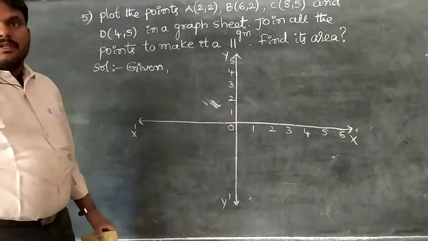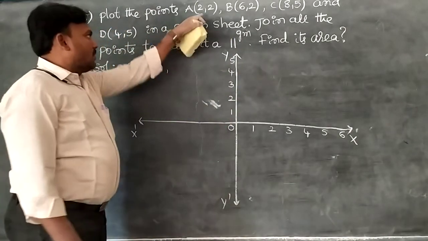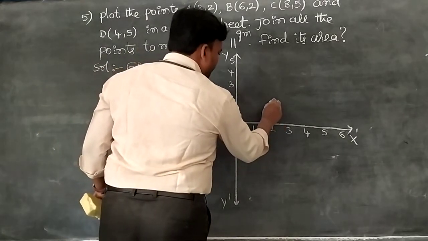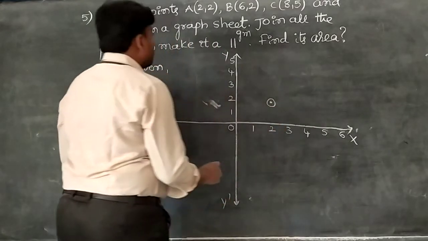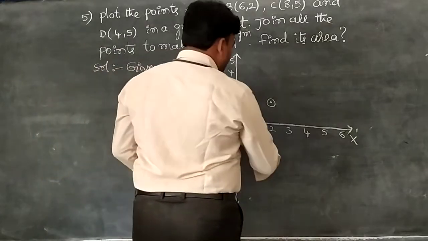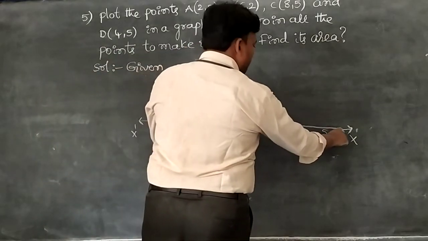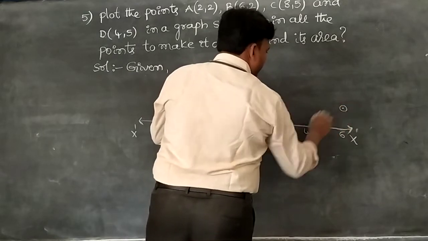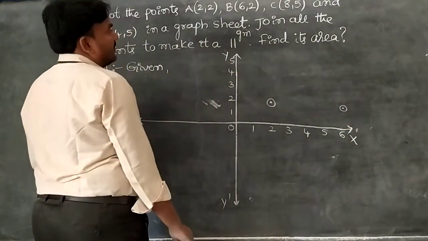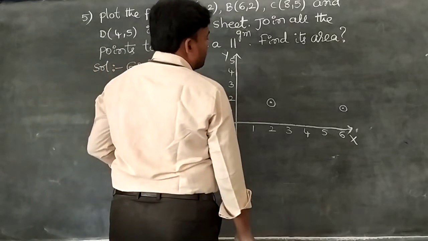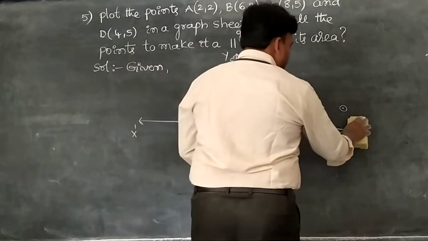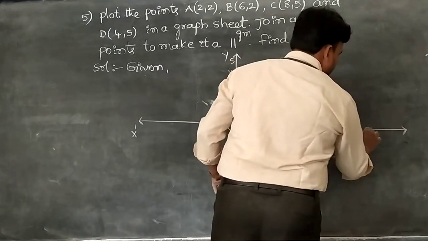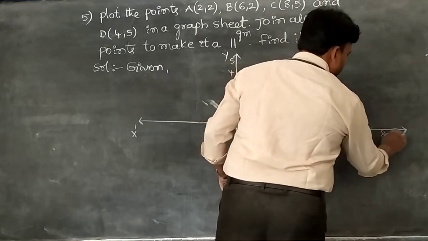Okay, students, observe here. First one, A (2, 2): x value 2, y value also 2. Next one, B (6, 2): x value 6, y value also 2. Next, C (8, 5): x value 8, with the extension of the X axis, 7 and also 8.